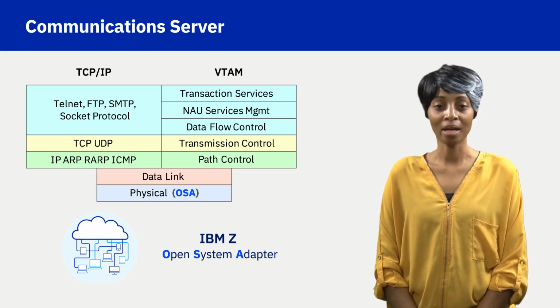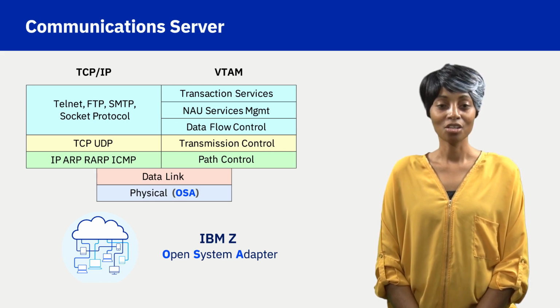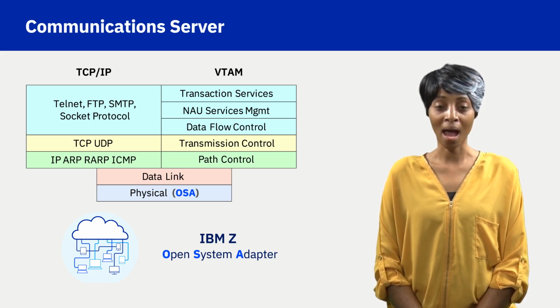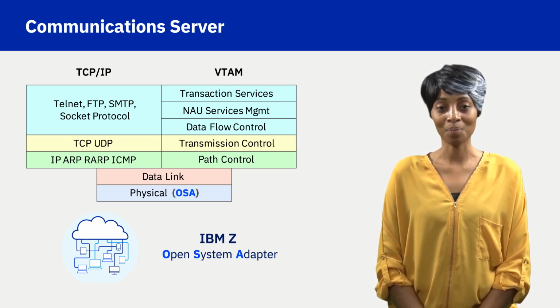VTAM, shown in the diagram, is the address space for managing SNA session traffic. IBM developed a mainframe network adapter called Open Systems Adapter for handling network traffic. Now the vast majority of the physical network communication equipment and circuits are IP, and the SNA protocol involved with end-to-end SNA sessions is simply packaged up inside of an IP packet.